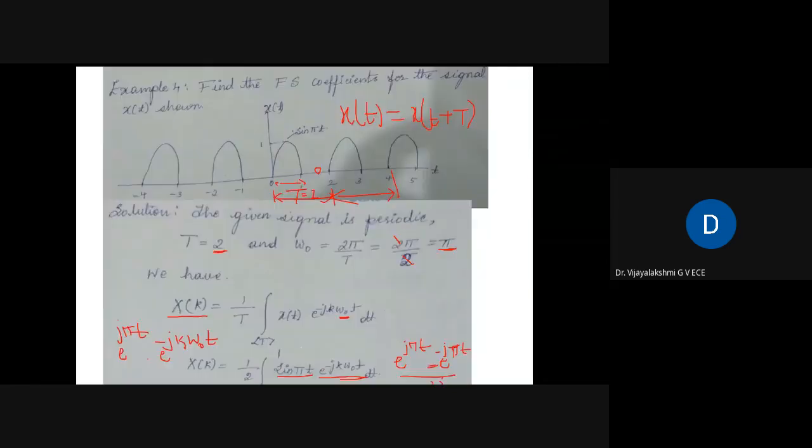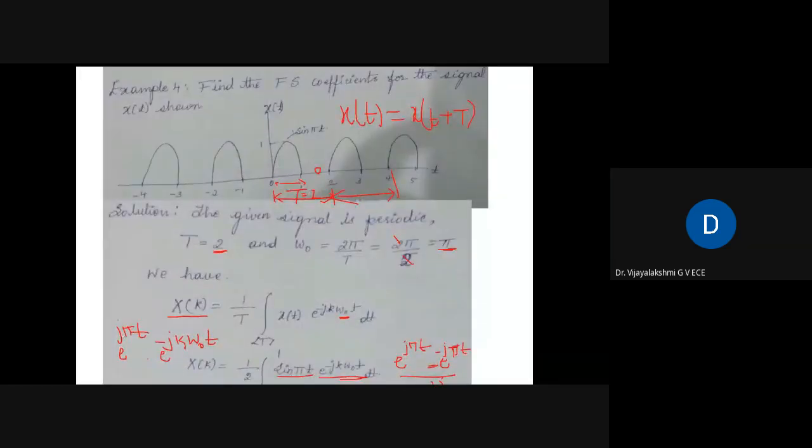So what have we done here? We have taken j pi t as common. Here we have 1, and j omega naught is substituted as pi. So I get e raised to j pi t, and if I take it as common, I get 1 minus k, or if I take minus 1 outside, then it will be 1 plus k.